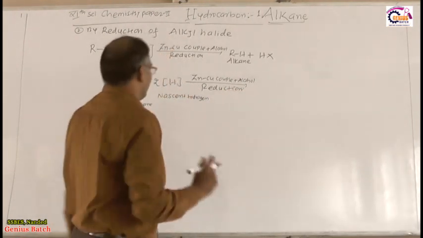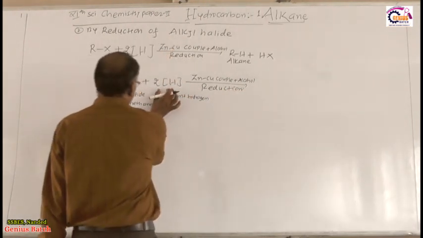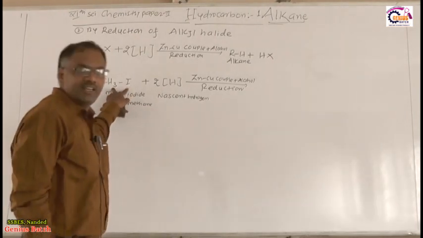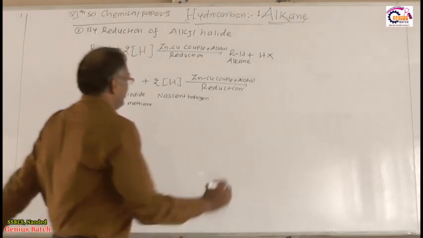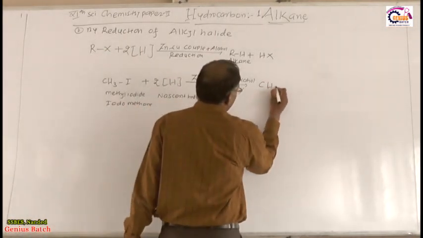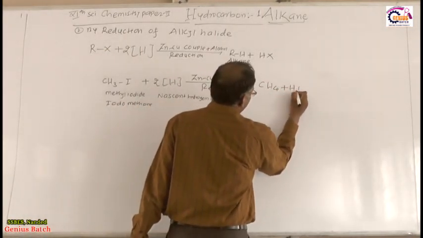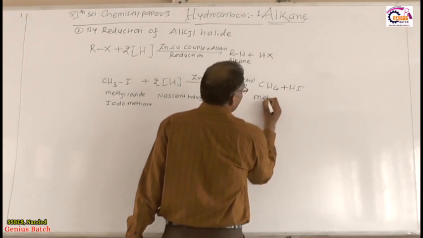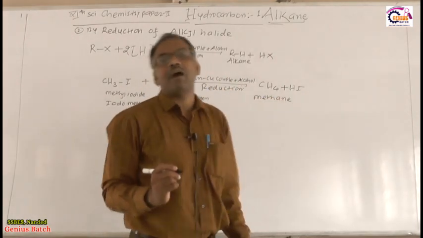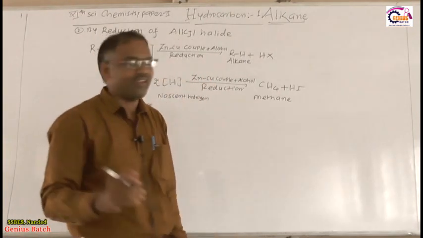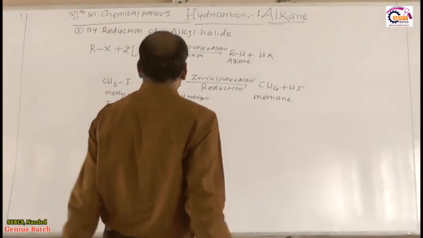Then these two hydrogens should be added in between this methyl group and iodine. So what you will have is methane and hydroiodic acid. The product is methane, that is, marsh gas is obtained. So this is the first example.